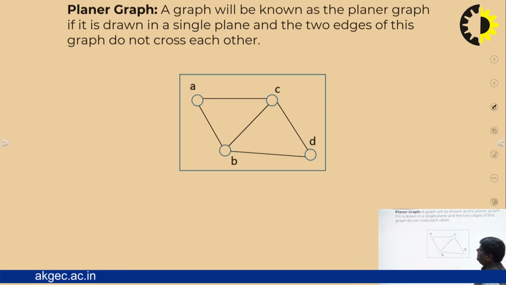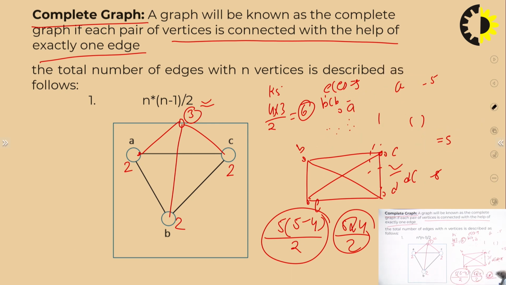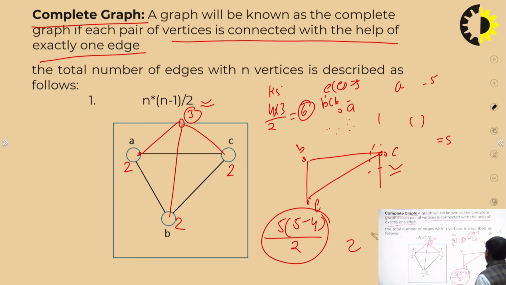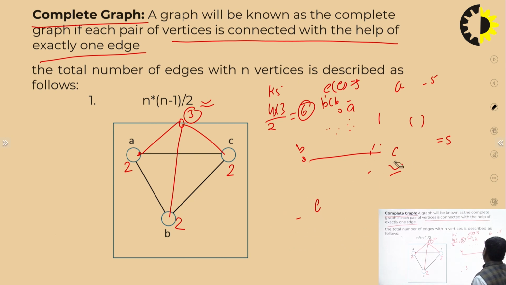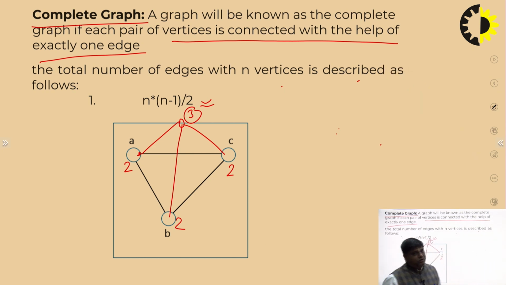Now we move to another graph, that is known as the regular graph. What is the regular graph? That is also a very simple definition. If the degree of all nodes is the same, then that graph is known as the regular graph.